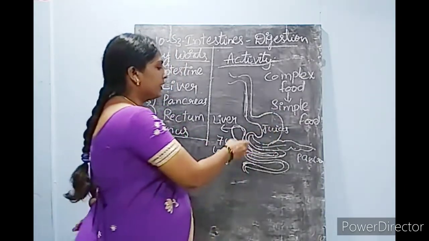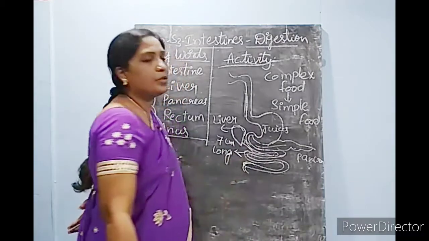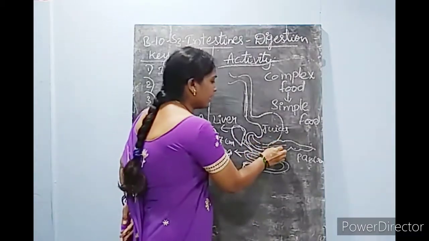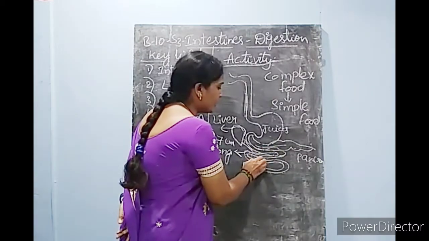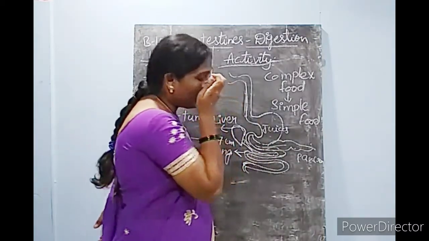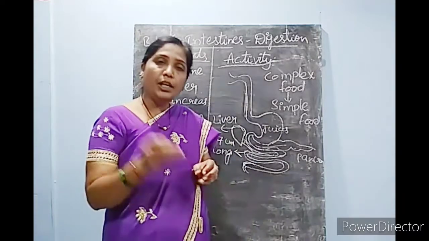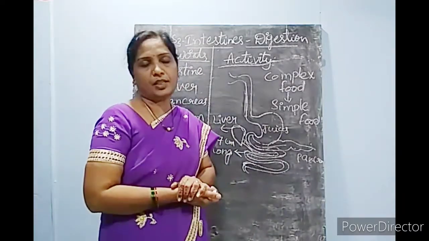And even the liver is also secreting some juices. The pancreas is also secreting juices. So all these juices will break down the food into more simple substances.